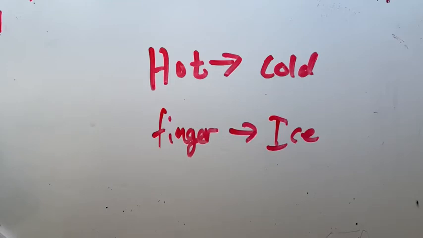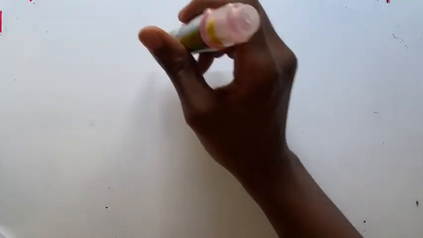Let's see, compared to a giant iceberg, a hot cup of coffee has A, the same thermal energy but a higher temperature, B, more thermal energy at a higher temperature, C, less thermal energy at a higher temperature, or D, none of the above. Well, let's look at this equation for heat again.